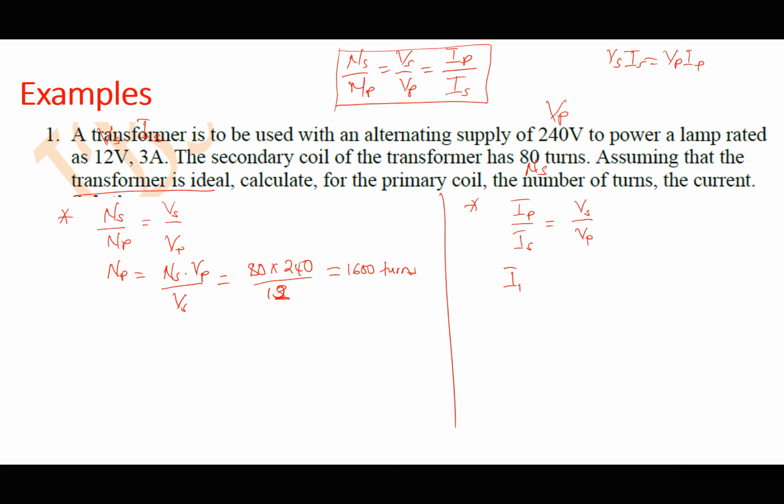So the current in the primary is going to be voltage in the secondary, which is 12, over voltage in the primary, which is 240, times current in the secondary, which is 3. So you have 3 times 12, that is 36, divided by 240. So the current in the primary is going to be 0.15 amperes.